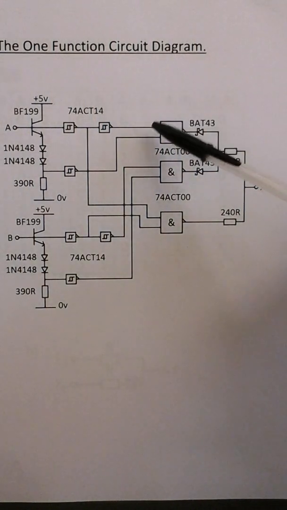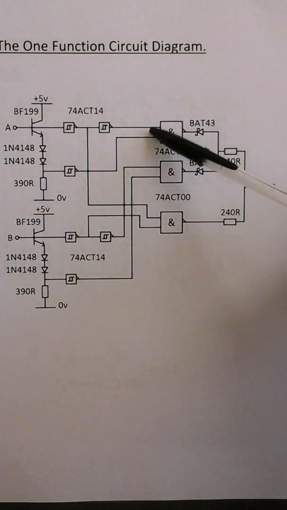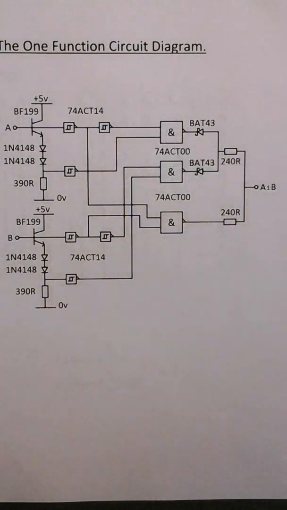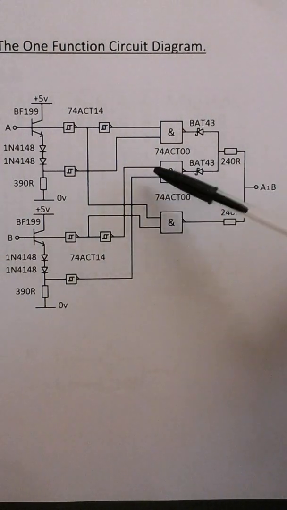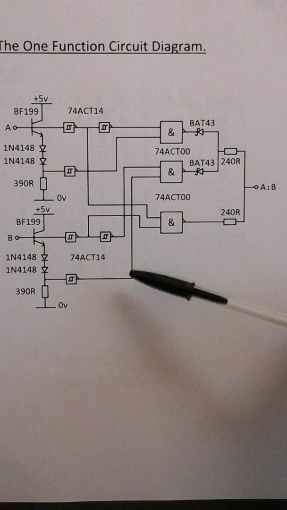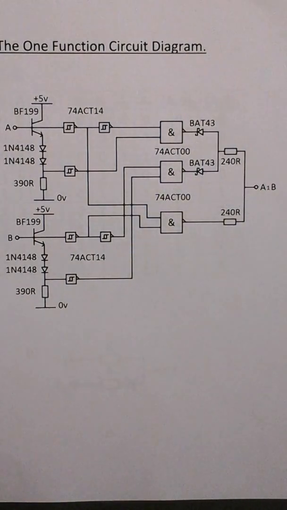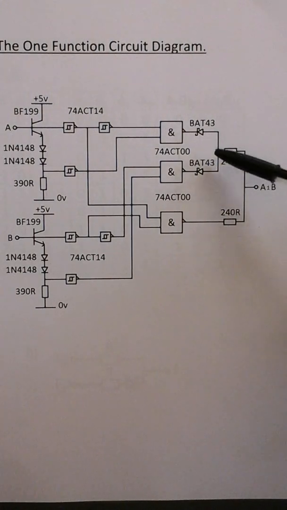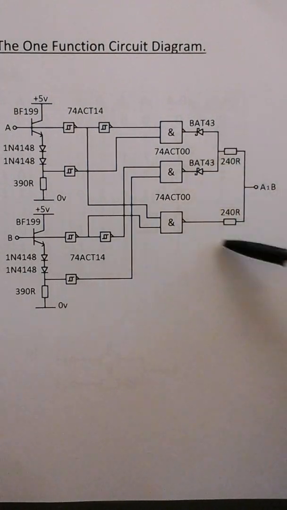So here we have not A1 NAND not B2, and here we have B1 NAND not A2, and here we have the diodes to simulate the AND function. These are 240 ohm resistors. Right.